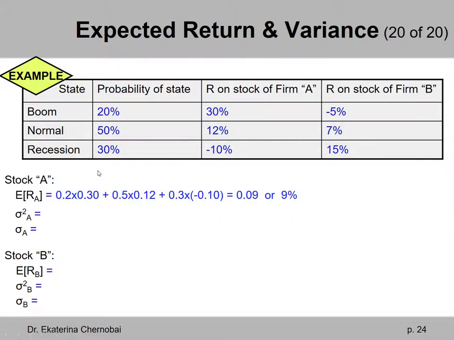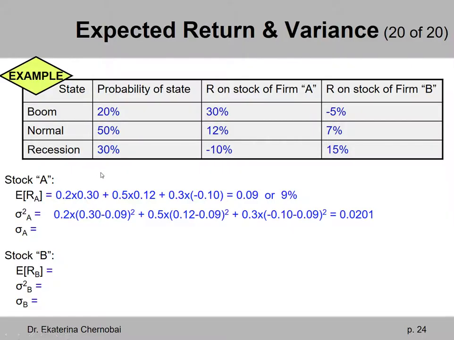Then, using the formulas from before, I can calculate the variance of stock A returns, which gives me 0.0201. The square root of variance gives me the standard deviation for stock A, 0.1418 in decimals, which is 14.18% standard deviation.